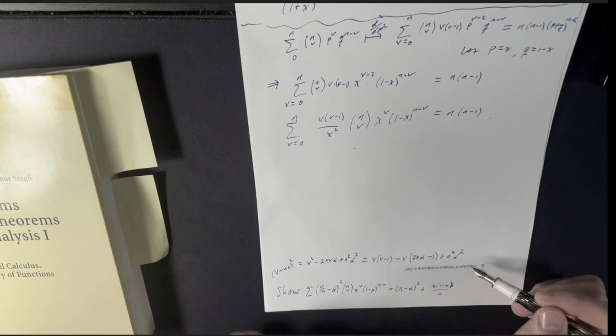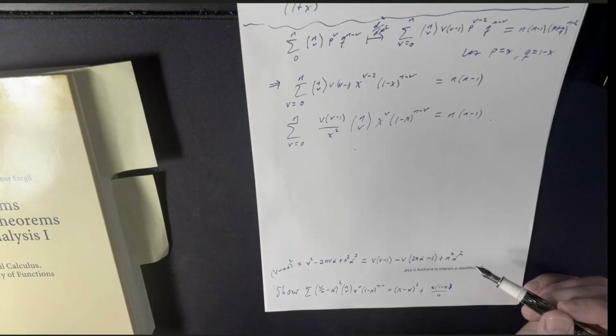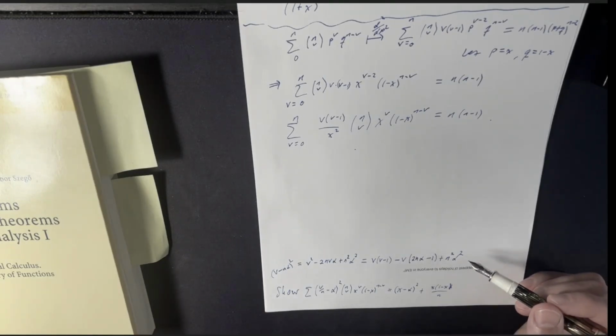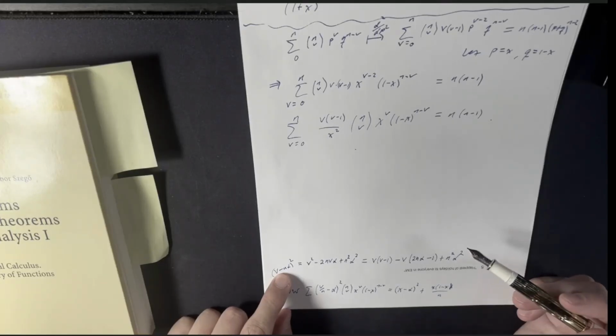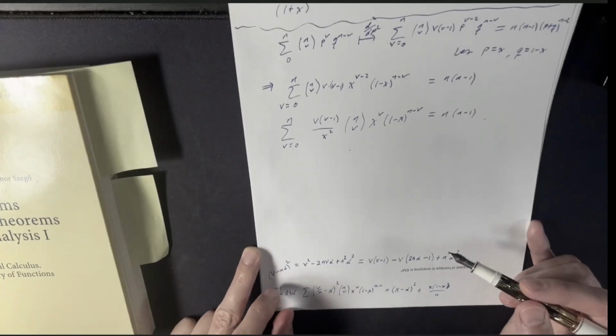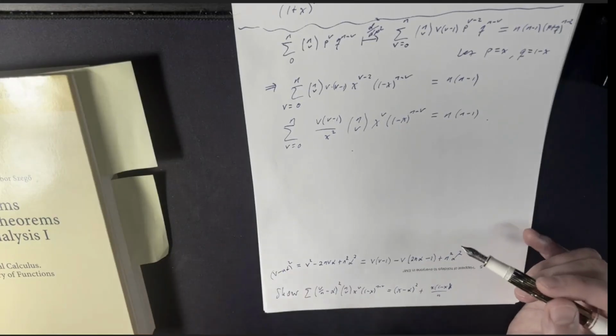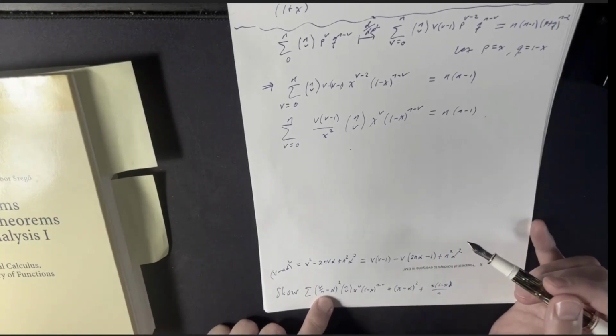So I divide this by n squared. It's still... The only reason I'm saying to divide by n squared is because this doesn't match up with what we had until you divide by n squared.